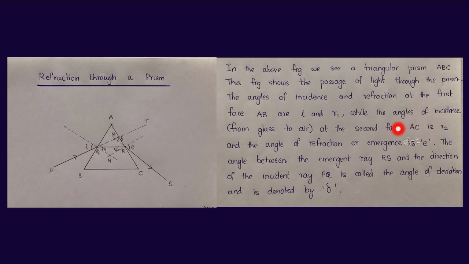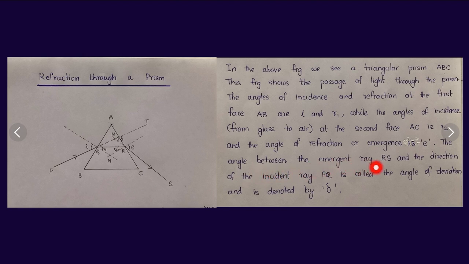While the angle of incidence, that is from glass to air, at the second face AC is R2 and the angle of refraction or emergence is E.